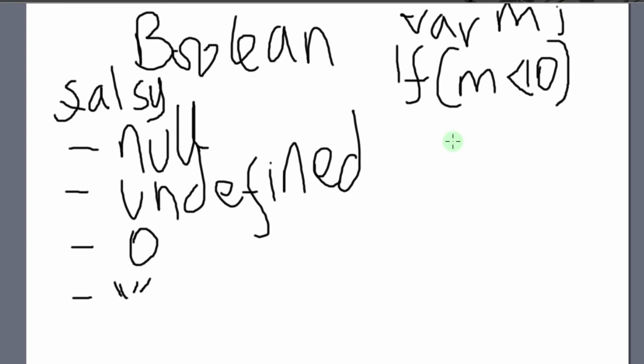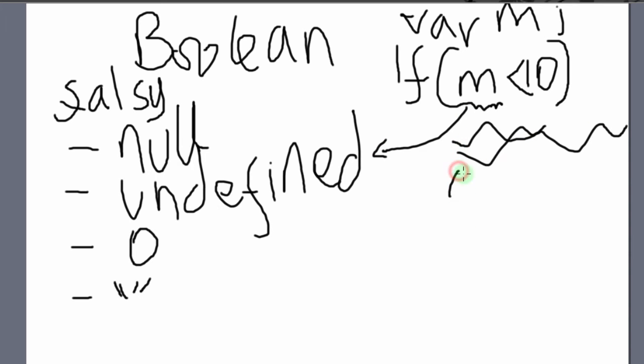So whatever is in here will not get run, because m by default at this particular point, if you remember when we looked at variables, at this particular point m is undefined. So whatever you try to run in here will be false. So this won't run. But if you have an else statement, then whatever is in the else section is going to run. So that's just an example of the boolean.